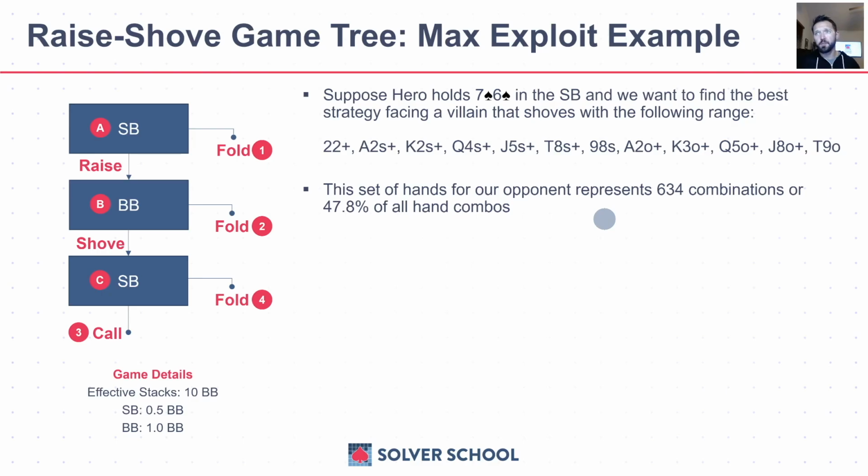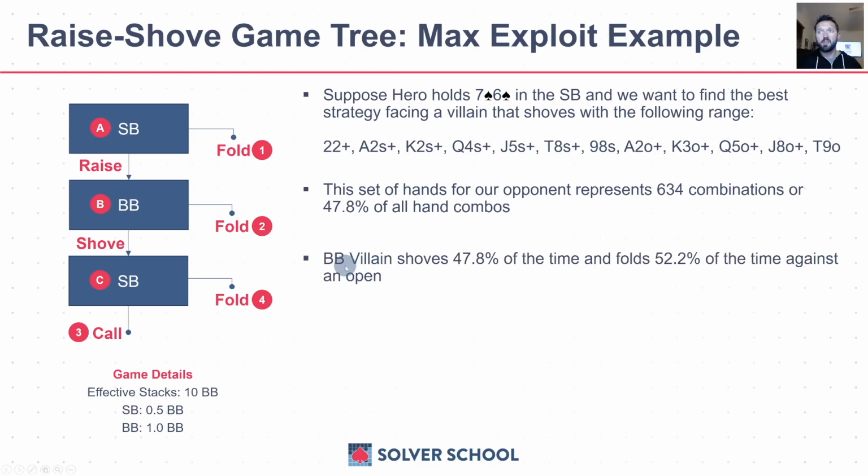Now this set of hands for our opponent represents 634 combinations, or just under 48% of all of the hand combinations. In this case here, we're saying that the big blind villain shoves in this situation here 47.8% of the time, which means he or she folds 52.2% of the time versus an open, right? And that's based off of the simple math that we have. These values, the frequency at which the big blind shoves, plus the frequency at which the big blind folds, has to equal 1. So once we know how frequently the big blind shoves, we also know how frequently the big blind folds.